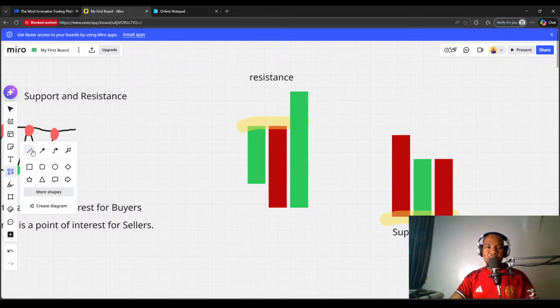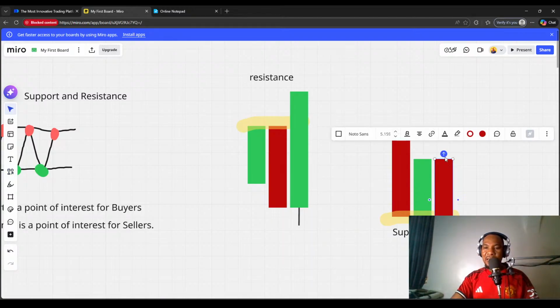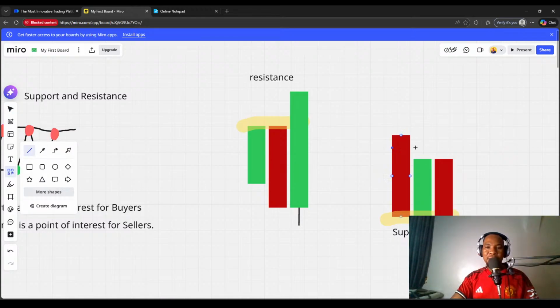So that's the only thing you need to consider. If this candle closes, let's say for example, there's a wick at the top but no wick at the bottom.